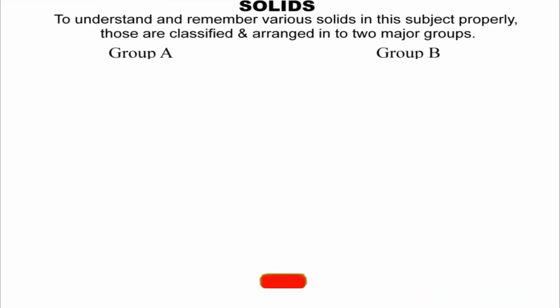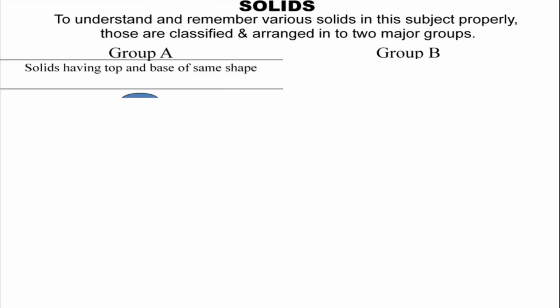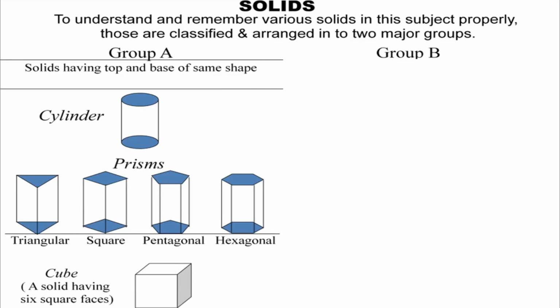To understand and remember various solids in the subject properly, those are classified and arranged into two major groups. They are Group A and Group B. In Group A, solids have top and base of the same shape. For example, cylinder comes under Group A. It has two bases on its top and bottom.